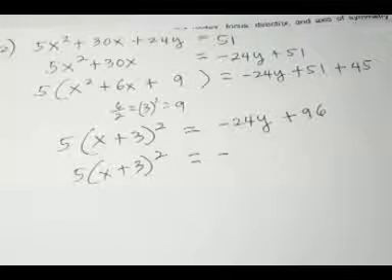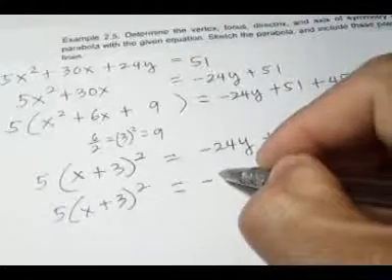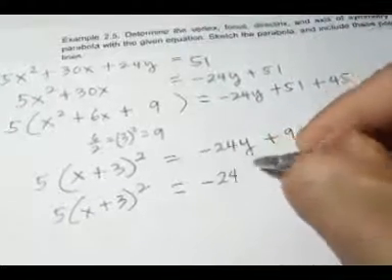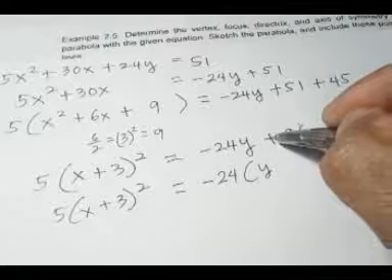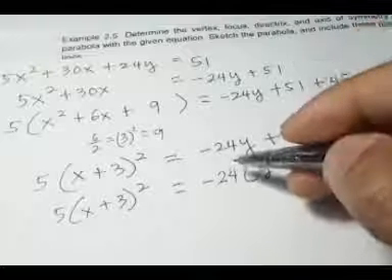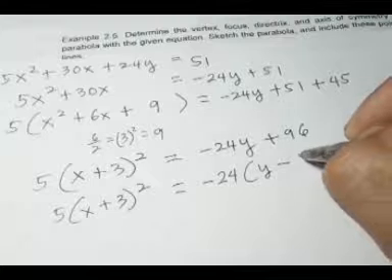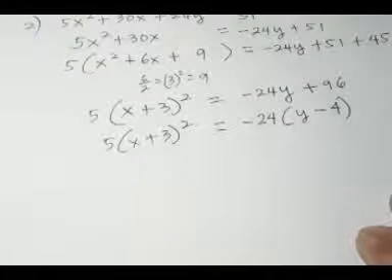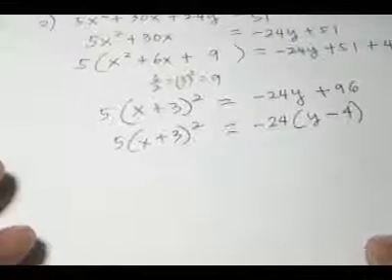Okay, so 24 is common, so minus 24 times y, positive divided by negative is negative. 96 divided by 24 is 4.